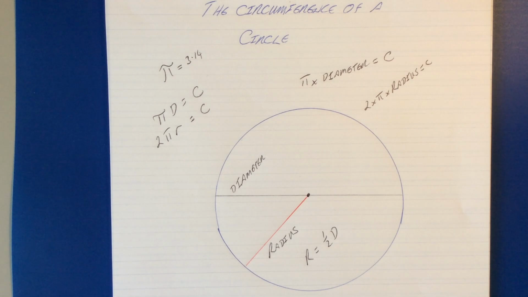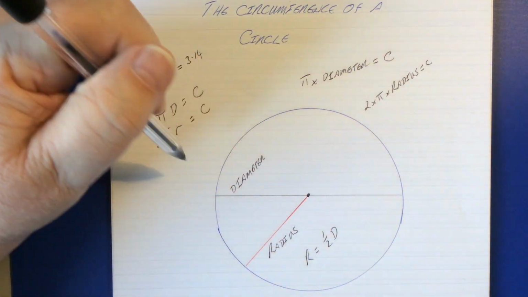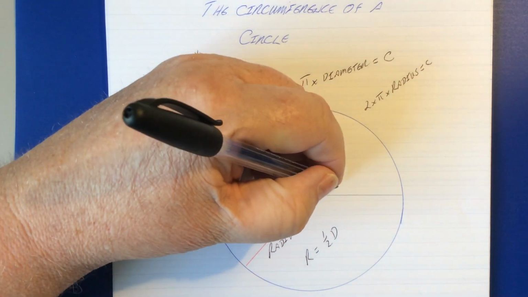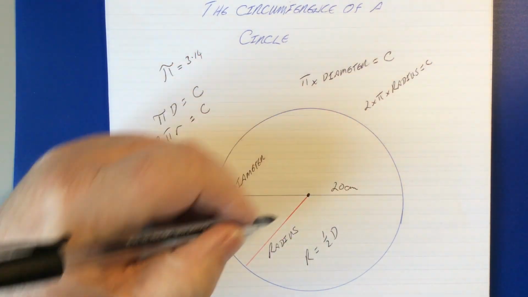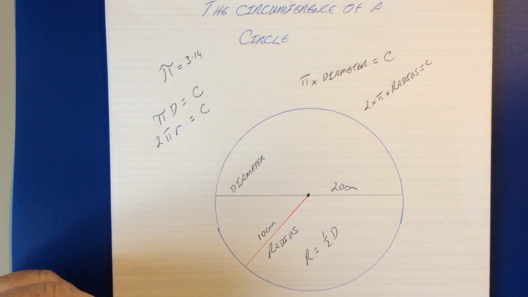And if that radius, or that diameter, is a nice round number, it's pretty easy to do. So let's say that the distance across here is 20 centimeters, and so the distance here is 10 centimeters.